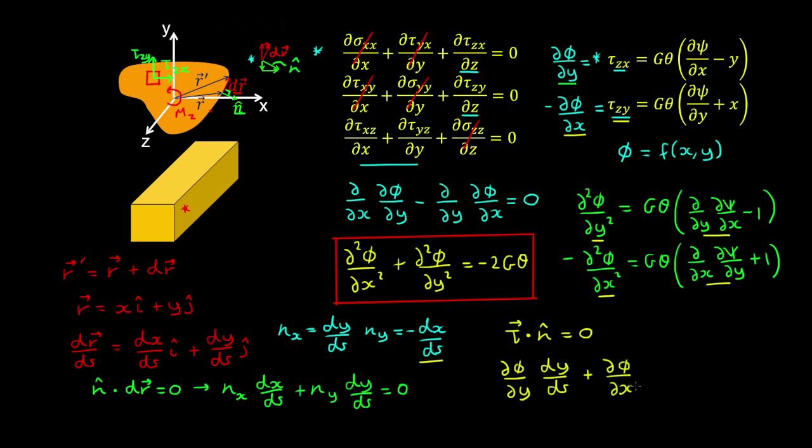So we have d phi dx by dx ds, and that's equal to 0. So this here is the total derivative of phi with respect to s. So this means that our stress function at the boundary is constant. And in general, we take phi at the boundary to be 0, which has been shown to be generally accurate.